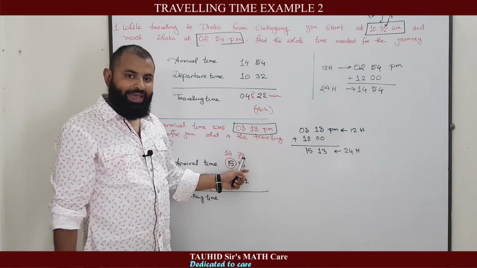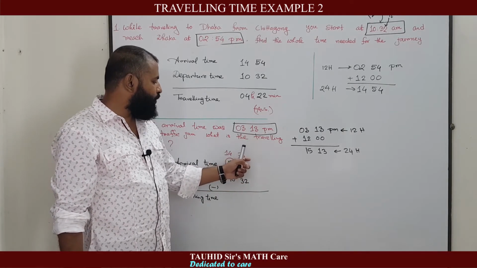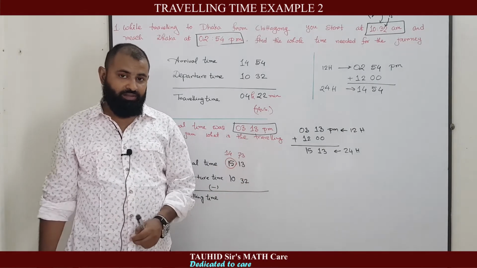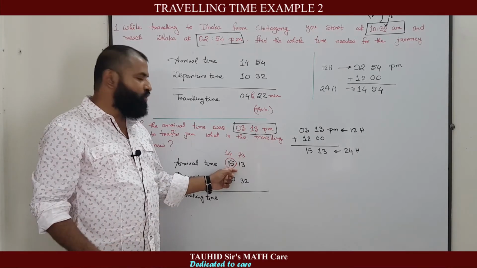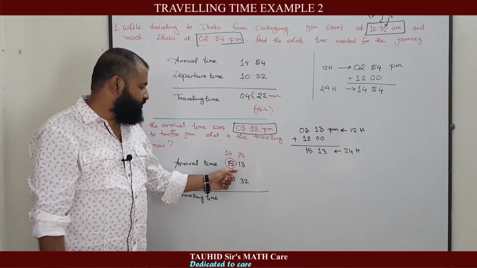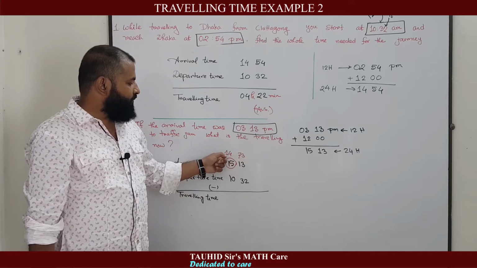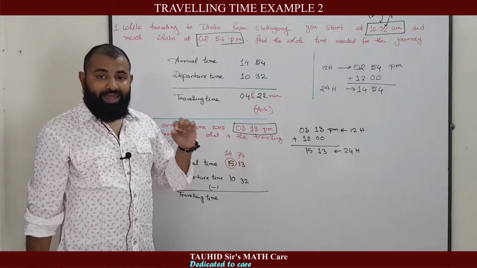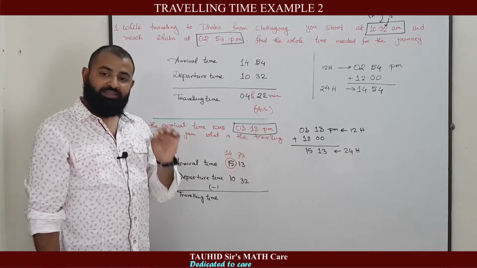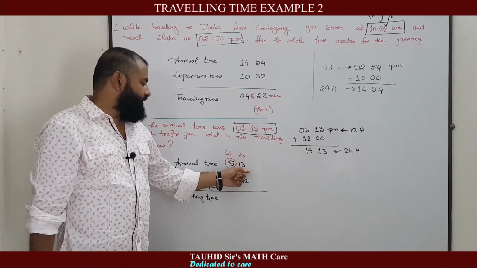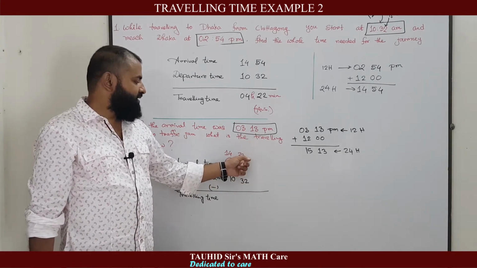15:13, we can assume that as 14 hours 73 minutes. How? We borrowed an hour from 15. So this 15 became 14 and we added that hour, that means 60 minutes, with these 13 minutes, and this becomes 73 minutes.